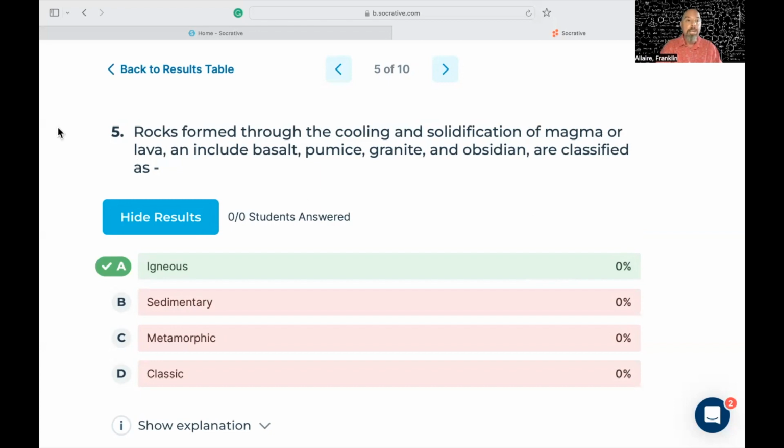Now, the other two main types of rocks are going to be sedimentary and metamorphic. Sedimentary are rocks formed through layering and cementification of soils and sediments.